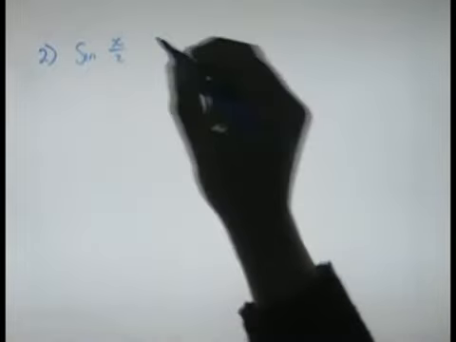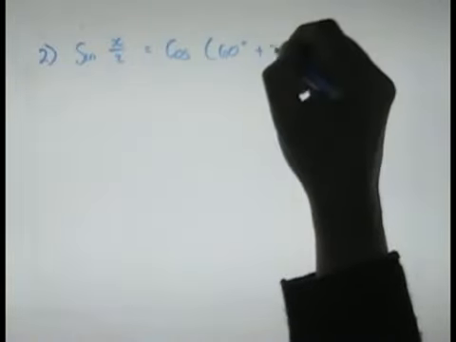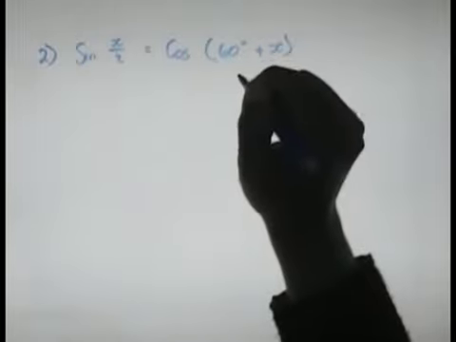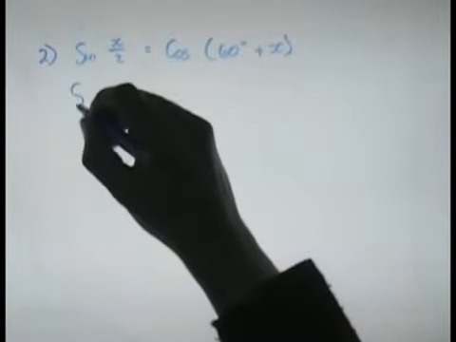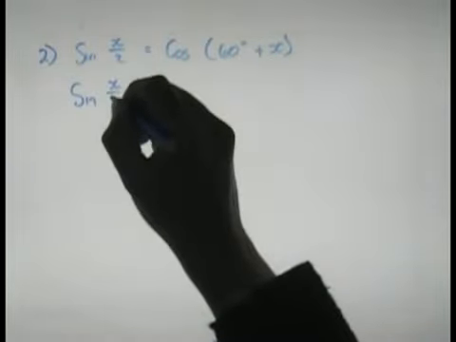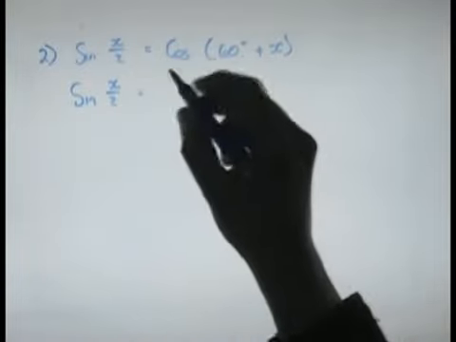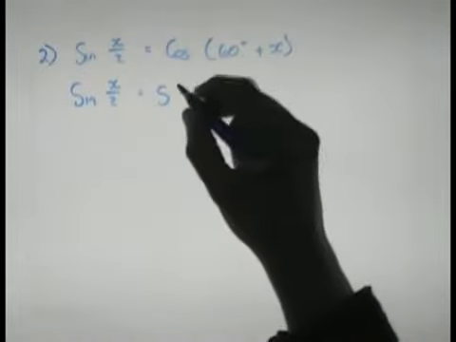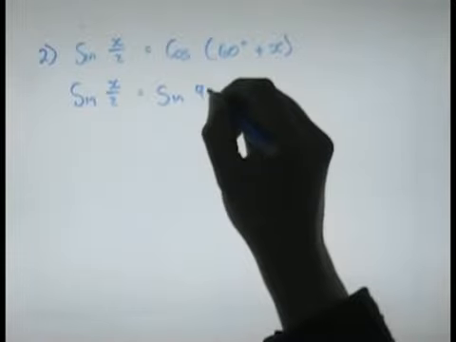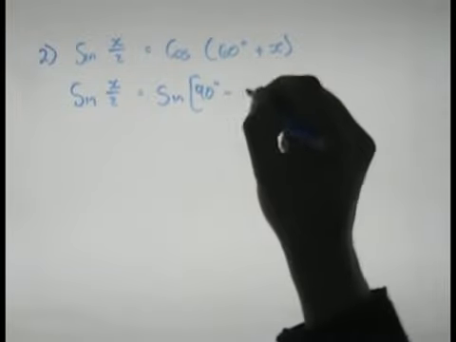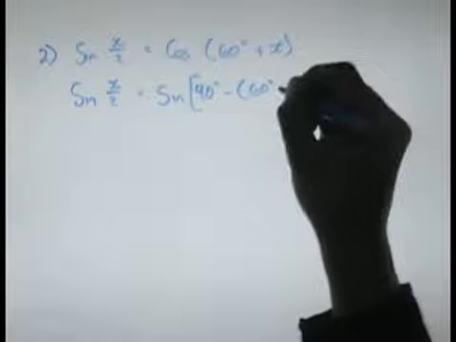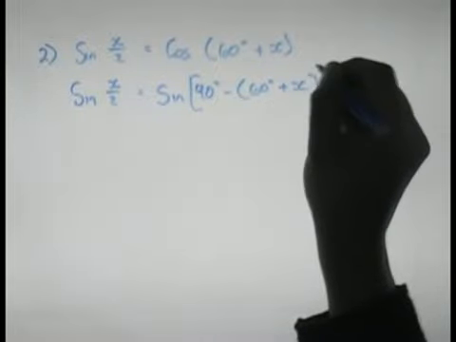The next one I gave you to do read sine of x over 2 is equal to cos of (60 degrees plus x). I'm going to leave the sine x over 2 as that. I'm going to turn that cos of (60 plus x) into sine of 90 degrees minus (60 degrees plus x).